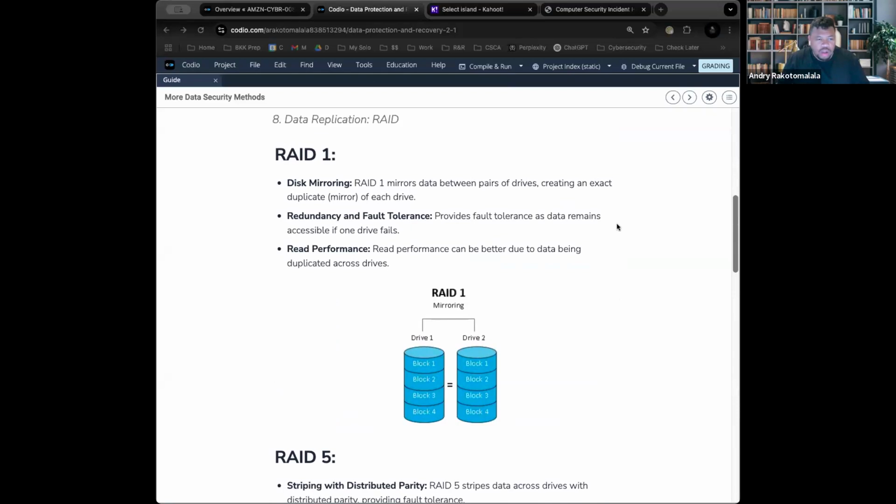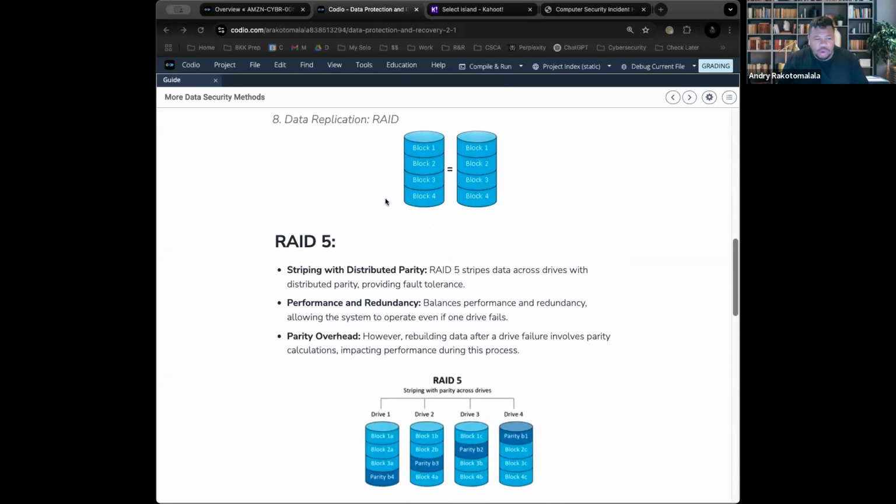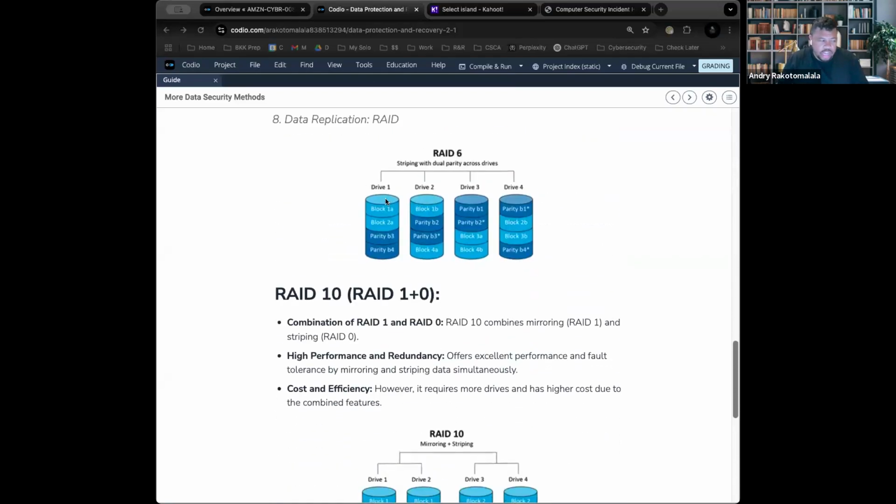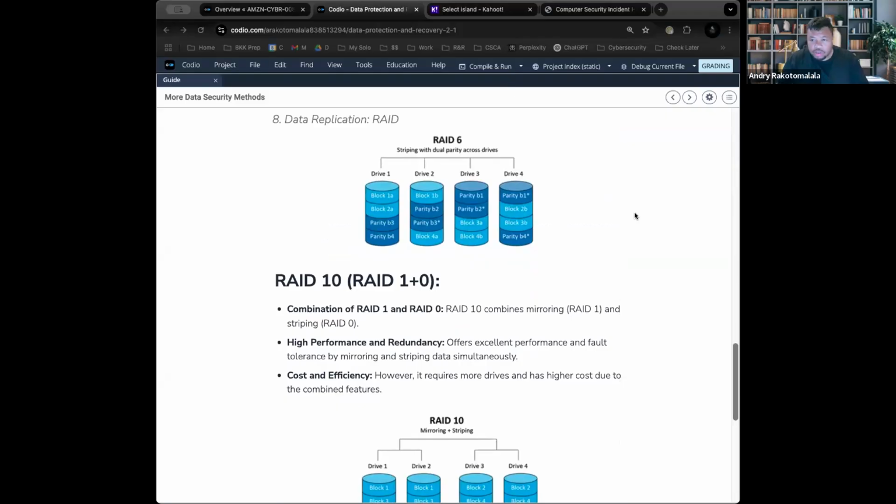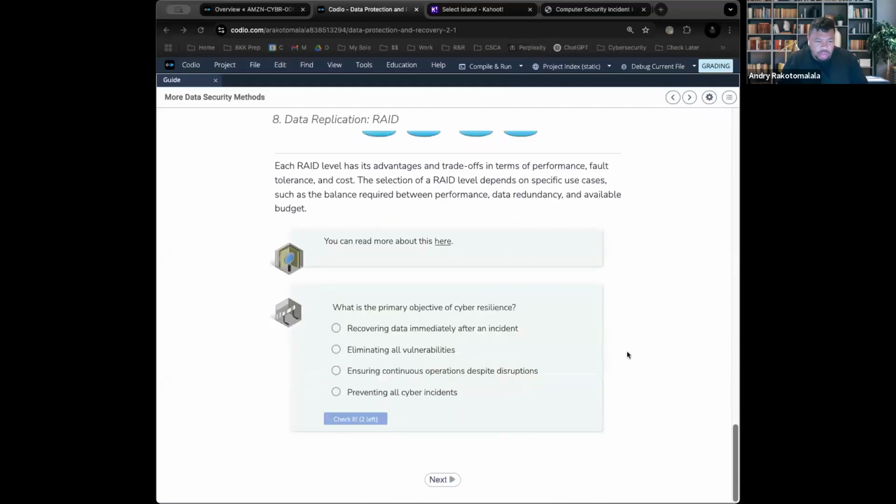The ones that you see more often are RAID 0, 1, 5, 6, and 10. That's why they're not there. But they do offer different functionalities. You don't need to know them for this particular class, but you can look them up. So just keep that in mind.